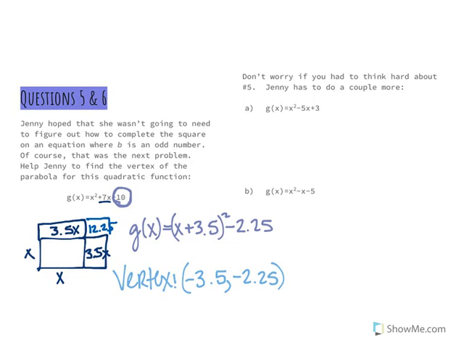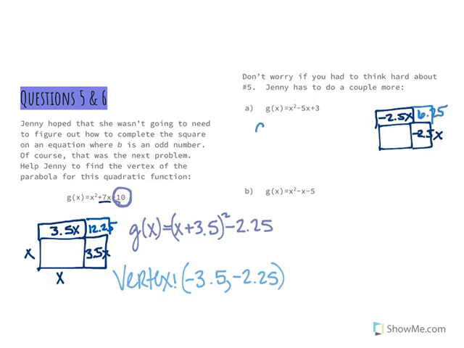Now, if you struggled to see that one, let's do another. Here we have x squared minus 5x, so that means we need a negative 2.5x on both sides, which will give us 6.25 in the upper corner.